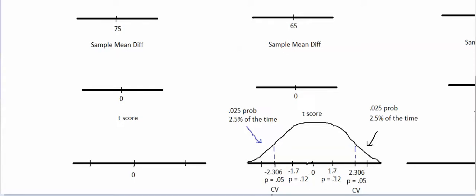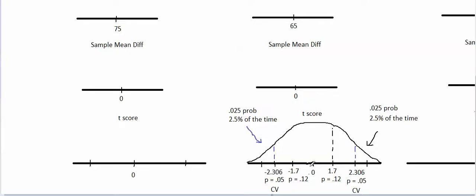So if 1.7 is 0.12, I already know that negative 1.7 is 0.12. So pick the number that you're going to put here, calculate its p-value like I did, put the opposite of your t-score right here, and then put the same p-value under here like I did.